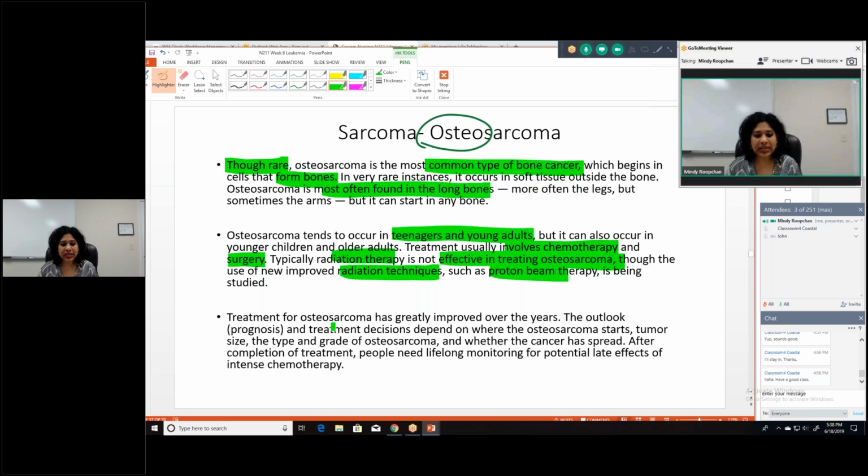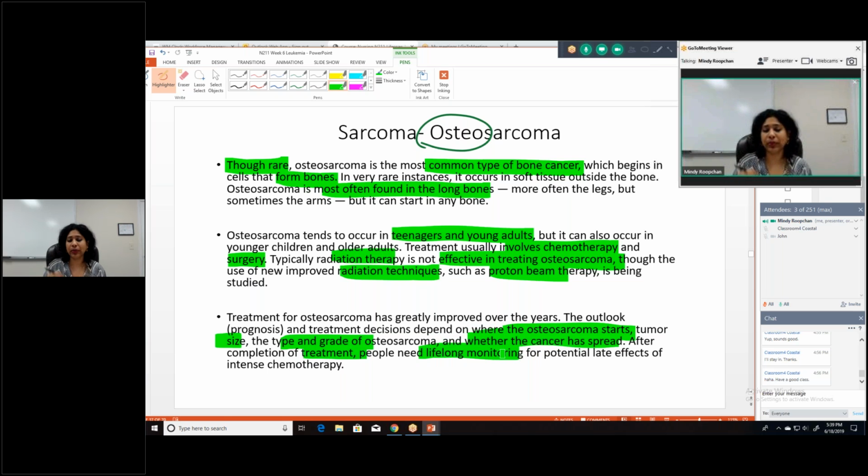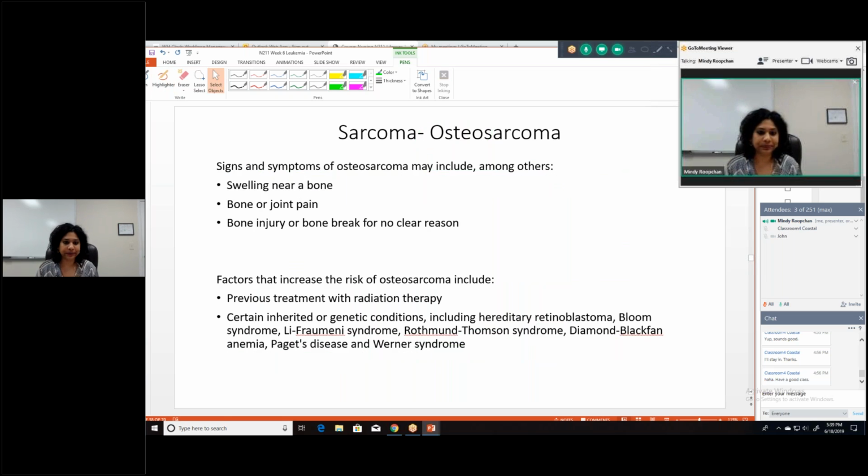So the prognosis and treatment decision is going to depend on where the osteosarcoma starts, the tumor size, the type and grade, whether the cancer has spread, is it metastasized, and then after completion of treatment, people once again need lifelong monitoring for potential late effects of the chemotherapy that they're going to be on.